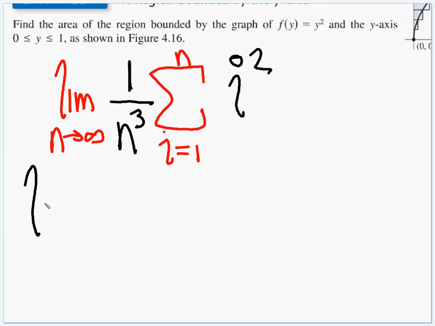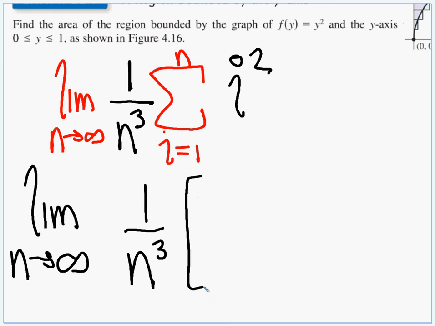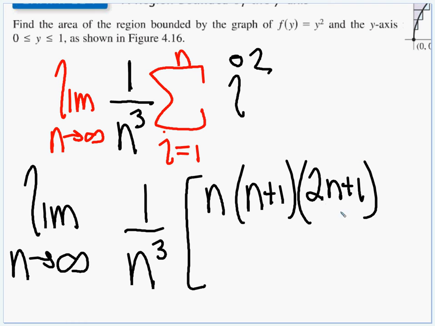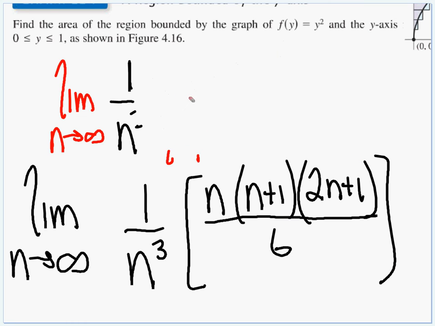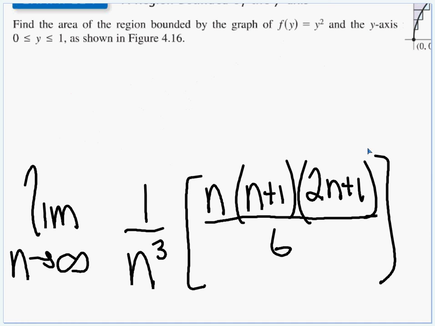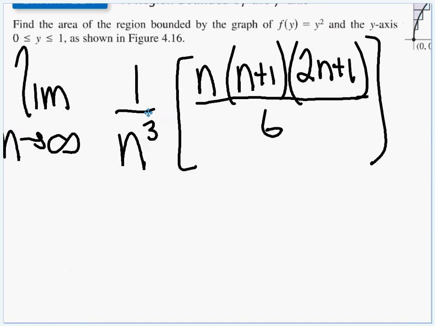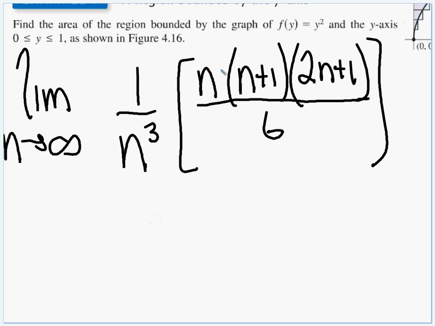So our limit, as n is heading off to infinity, we have our 1 over n cubed. The formula for the sum of i squared is n times n plus 1 times 2n plus 1 all over 6. Look for that cancellation on the diagonal of one of your n's. Makes our algebra a little easier. So this n is gone, and this is now down to n squared.